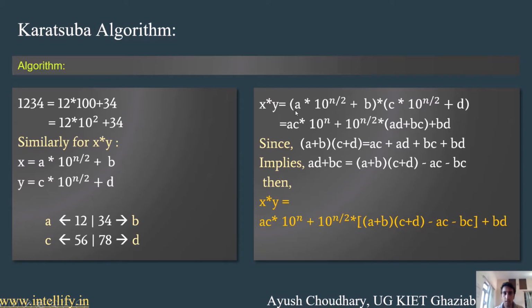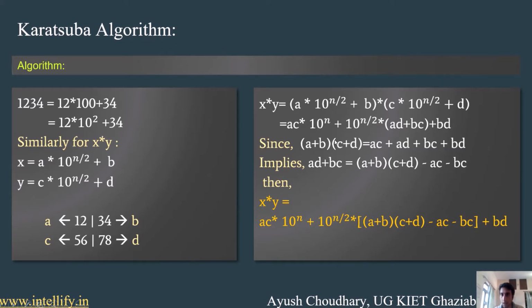So how can we write this into x into y? Here, after we open the brackets and multiply, we can say a plus b into c plus d is ac plus ad plus bc plus bd, and we have ad plus bc here. We do not have to multiply this out in further calculation, so that our calculation is reduced.